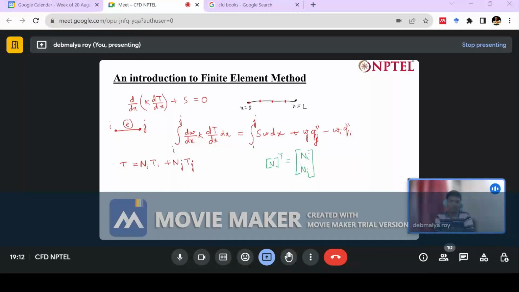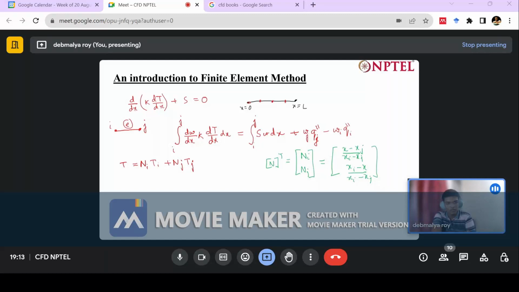We define it like a matrix, and this bit is of this form: (xj minus x) divided by (xj minus xi), and (x minus xi) divided by (xj minus xi). The way this is designed is that it is, first of all, linear. Both the terms Ni and Nj are linear. They only have x and a coefficient.